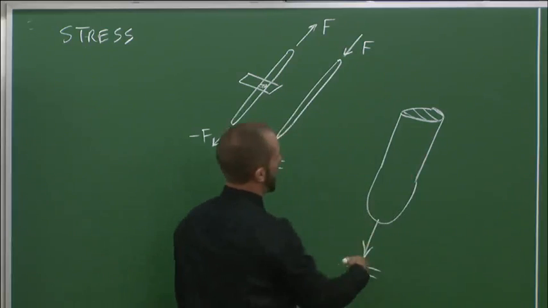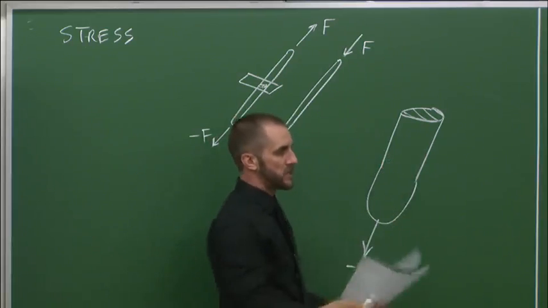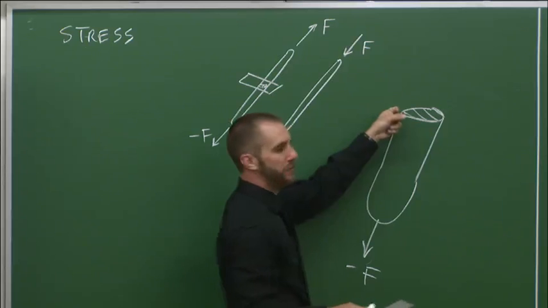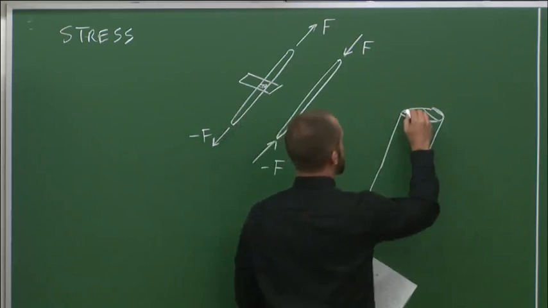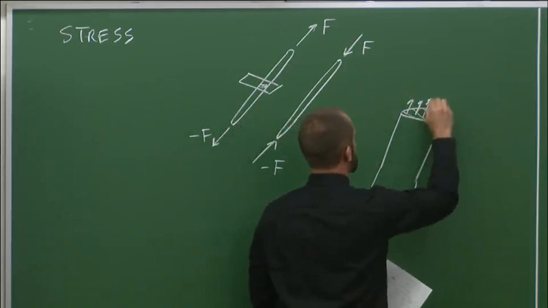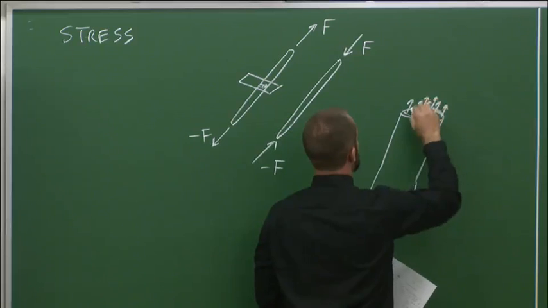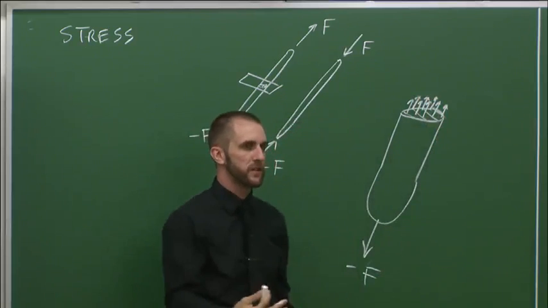Here's our force that we're applying, we're pulling it. This section has to be in static equilibrium, right? The forces have to balance out. But there's no applied force here at the interface. And this is where we get this notion of stress. So you can think of stress as a bunch of tiny little vectors coming out of, or perpendicular to, that surface. These are our little stress vectors.